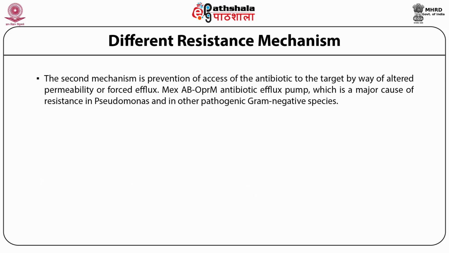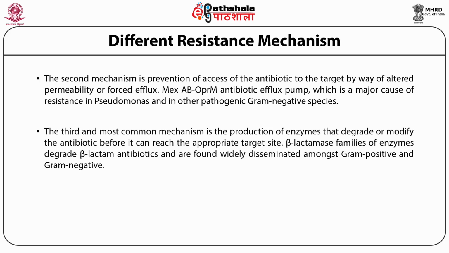The second mechanism is the presence of efflux pumps, which pump the antibiotic outside. The MexAB-OprM efflux pump is a major cause of resistance in Pseudomonas and other pathogenic gram-negative bacteria.